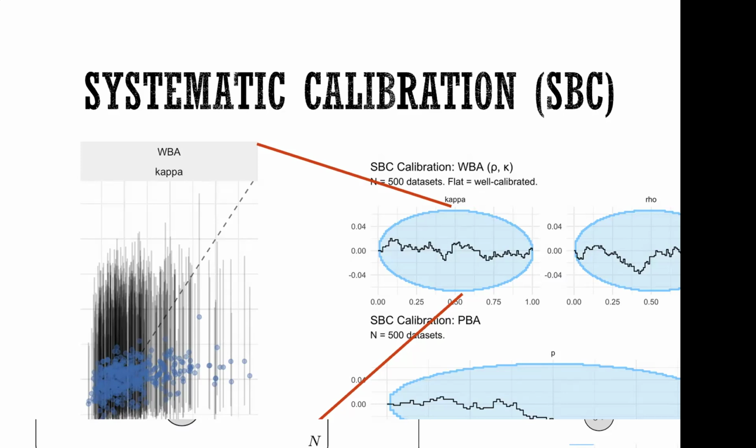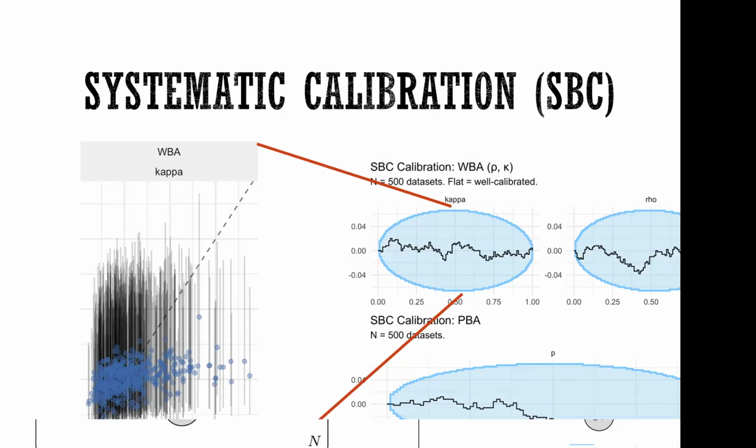What sort of effect are the ellipses holding? Is it that if the line is within it's reasonable, and if it's outside the ellipse it's not? Exactly. And they're adjusted by how many simulations you're running. So the fewer simulations you're running, the broader it is, and the more you have, the narrower it is.